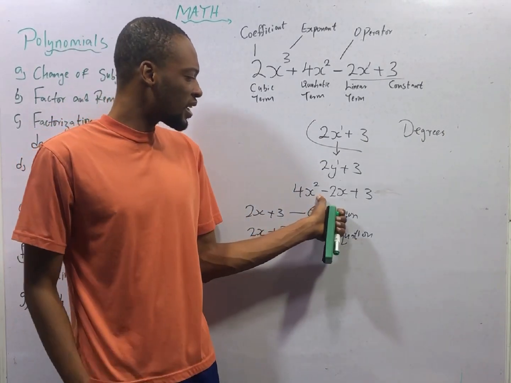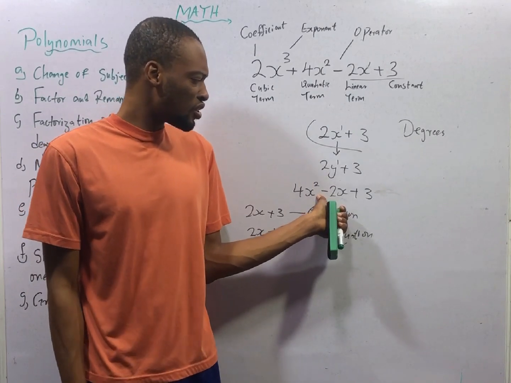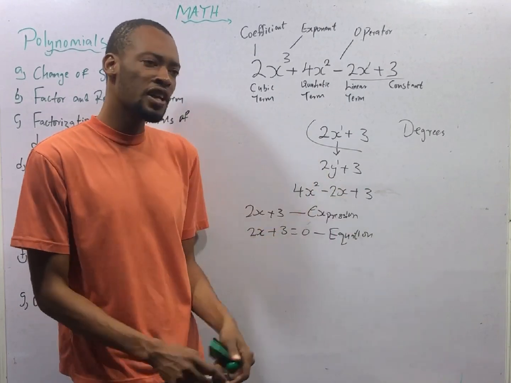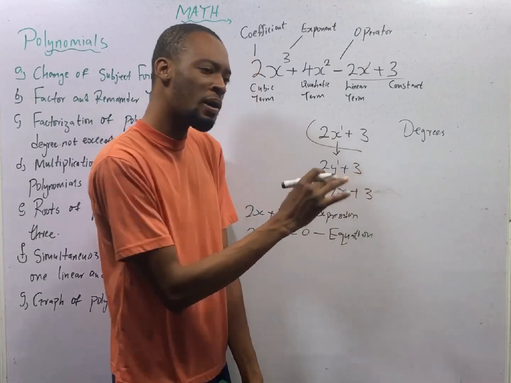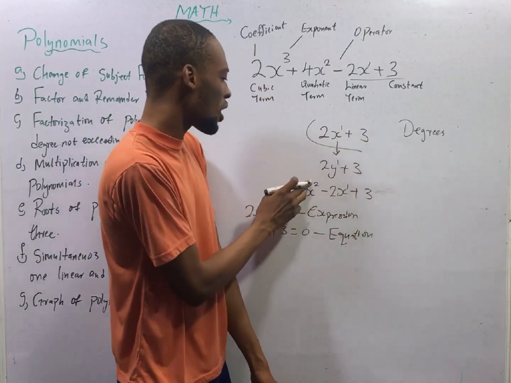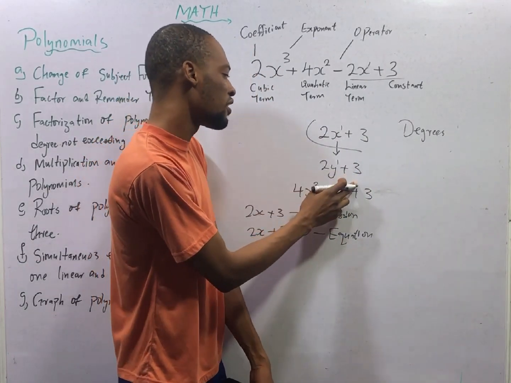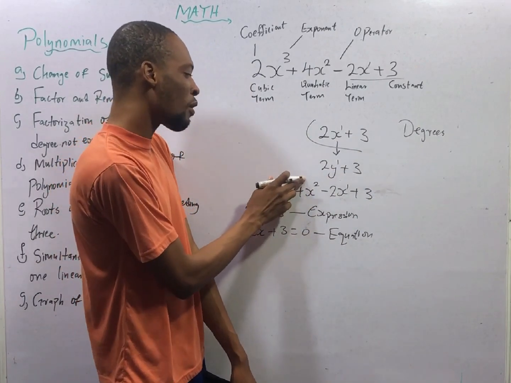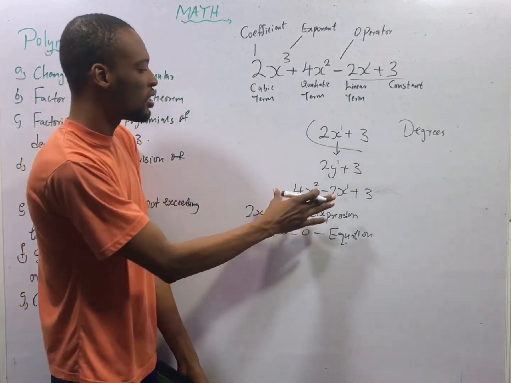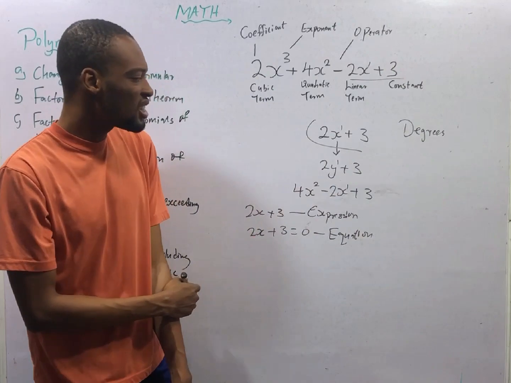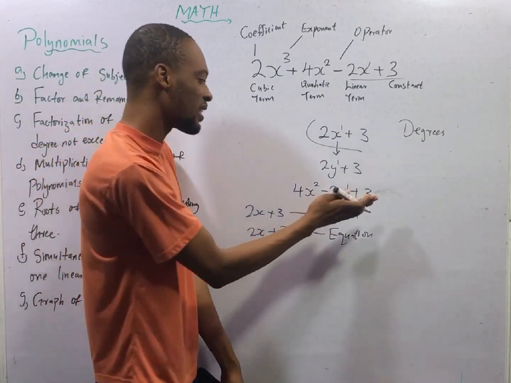Now, look at this second expression. You will see that the highest power of the variable is 2. Arranging the powers in descending order, you have raised to the power of 2, then raised to the power of 1. The highest power is 2. Therefore, this is a quadratic polynomial, and this is an expression.